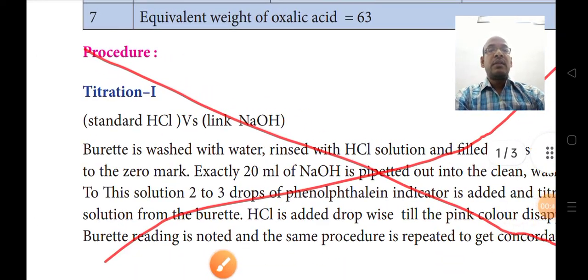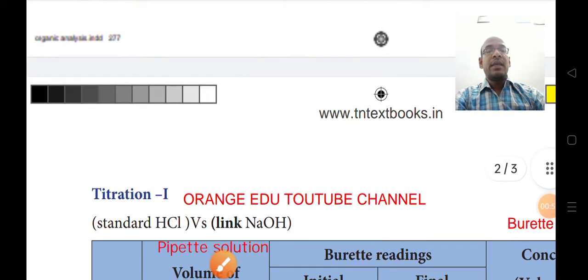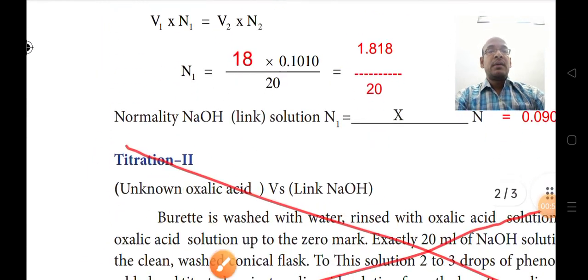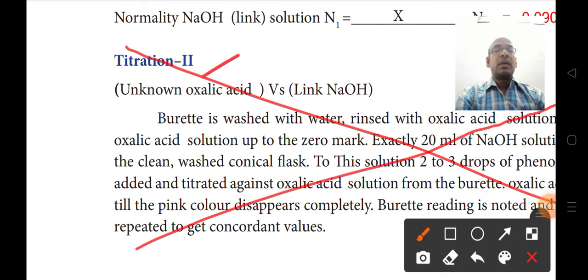Secondly, the procedure theory part, titration 1, for the exam no need to memorize. Likewise, the titration 2 part also no need to memorize. Simply, the strikeout, double crossed parts are no need to memorize.